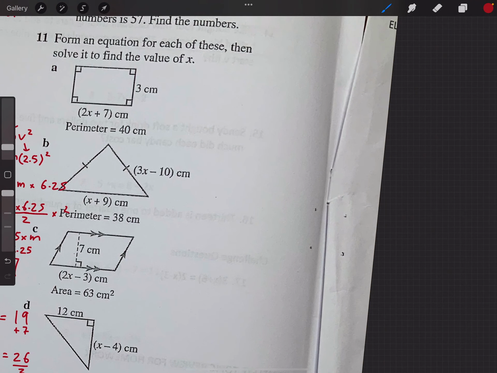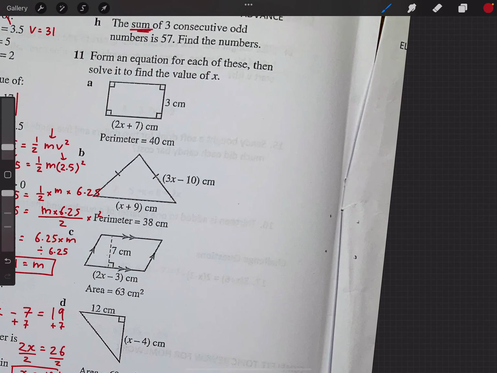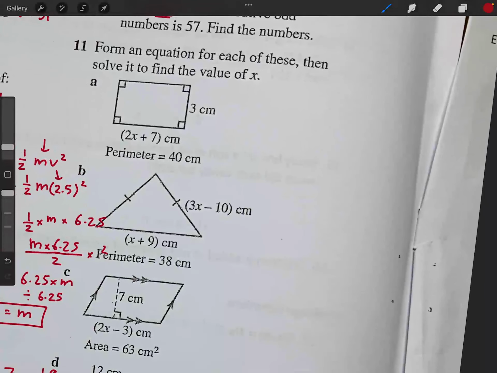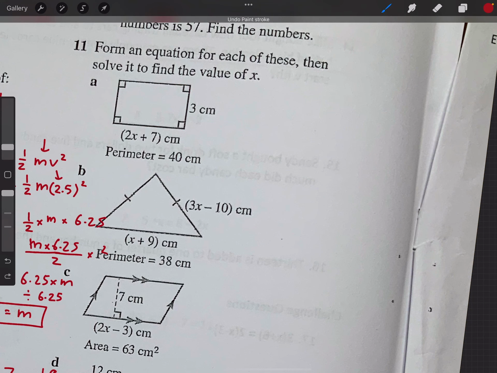Question 11. Form an equation for each of these, then solve it to find the value of x. So we're given the perimeter of this rectangle is 40. So that means if I add all the side lengths together, I'll get 40. Okay, so here's number 3. The top length must be 2x plus 7.